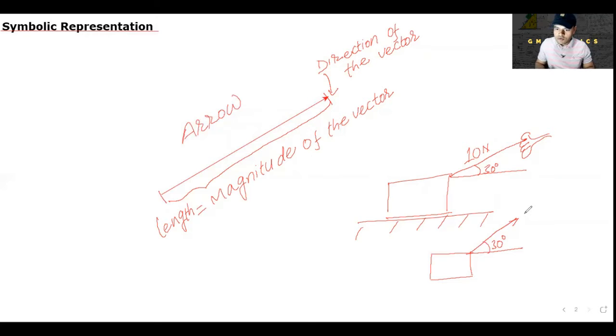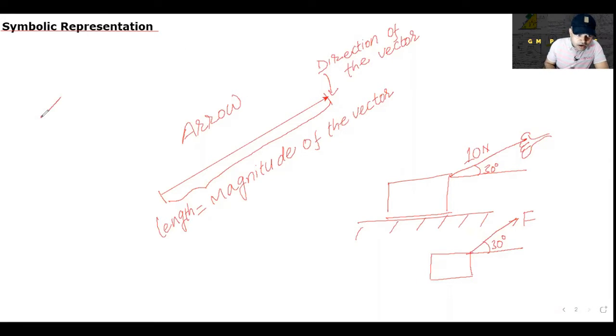This becomes my force vector. It represents the force. So here we are using an arrow to represent 10 newtons along 30 degrees with respect to horizontal. So let's write it here.